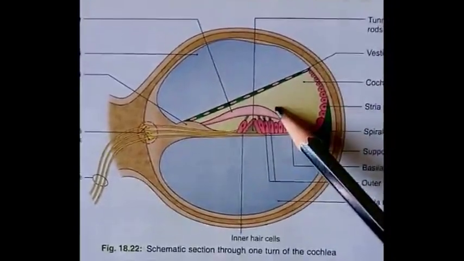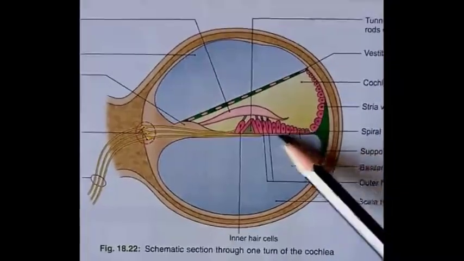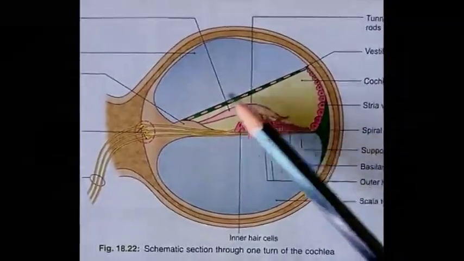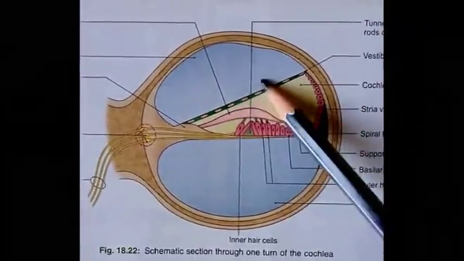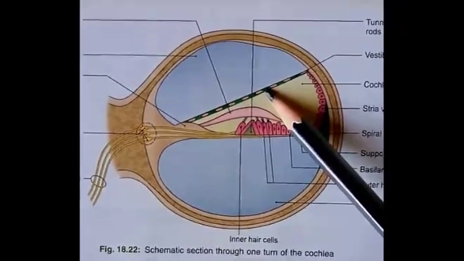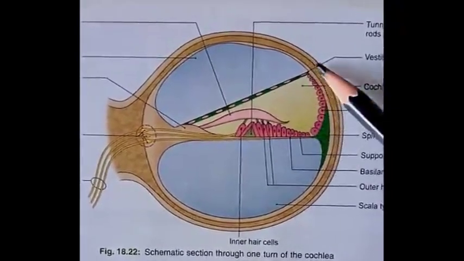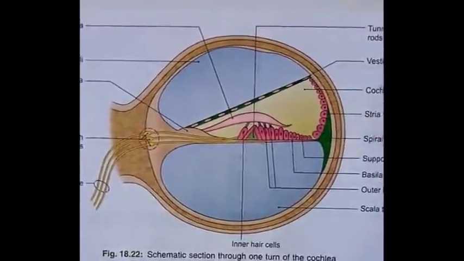Its floor is formed by the basilar membrane and its roof is formed by the Reissner's membrane or the vestibular membrane. And its outer wall is formed by the wall of the cochlea.